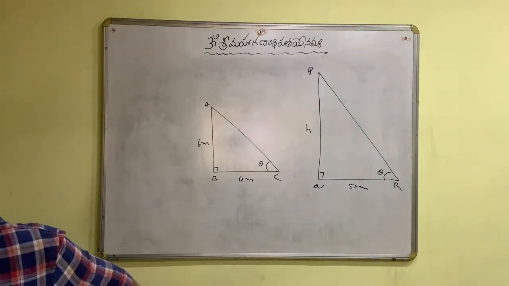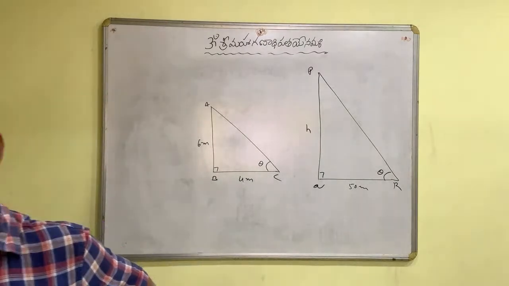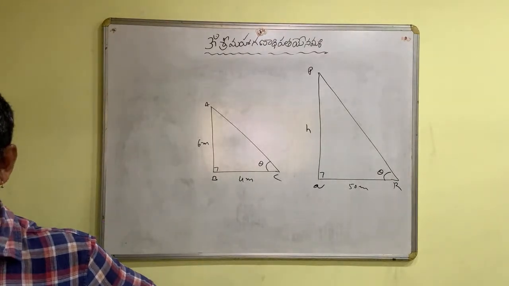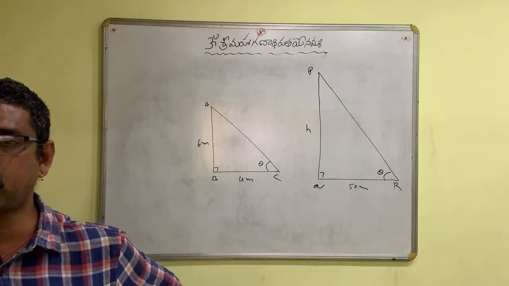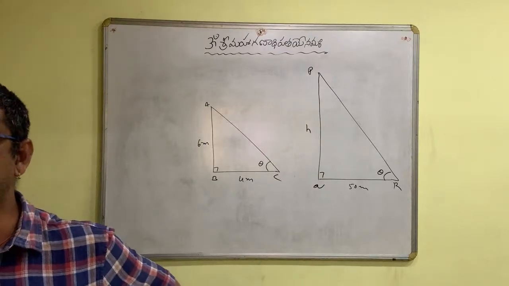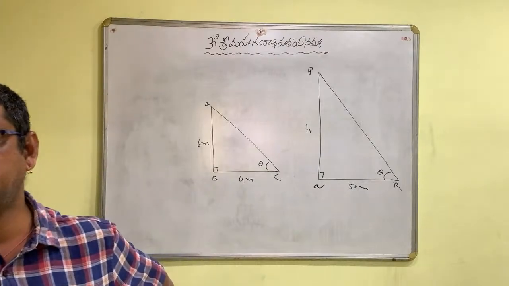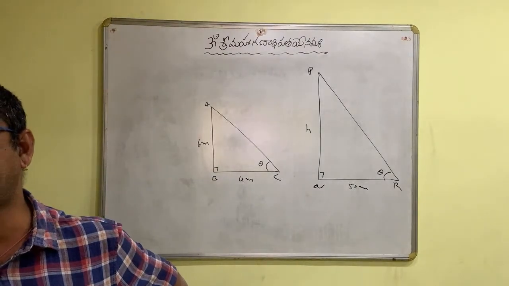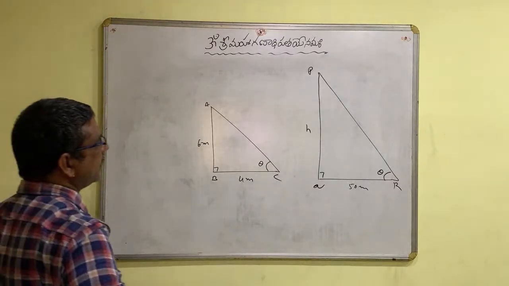Because once again, the tree as well as the flagpole both are casting shadows at the same time. This is a 4 meter long shadow and that one is a 50 meter long shadow. It was happening at the same time. So we need to find out the height of the flagpole.